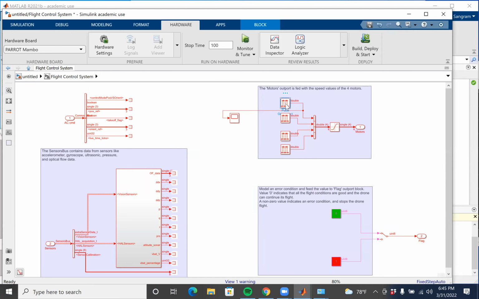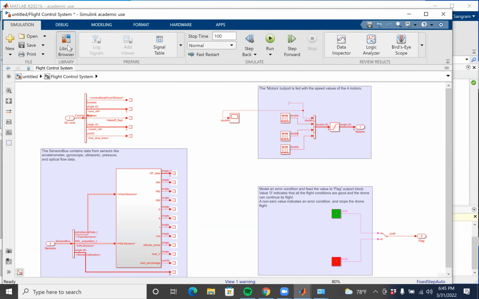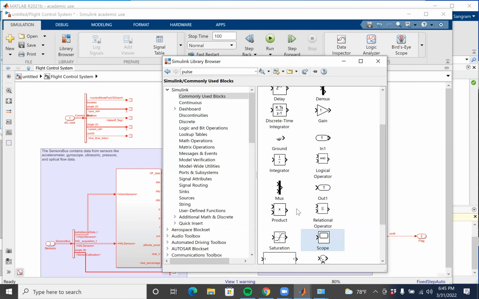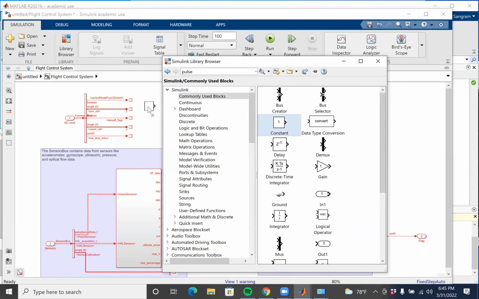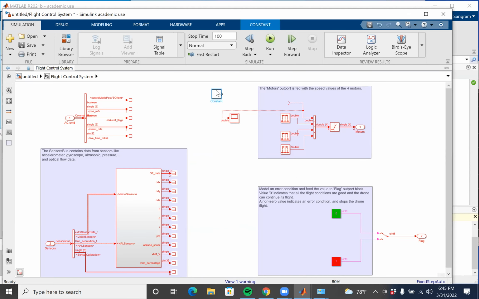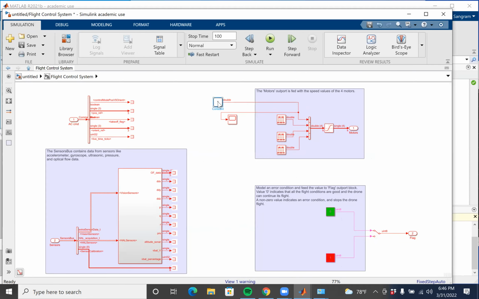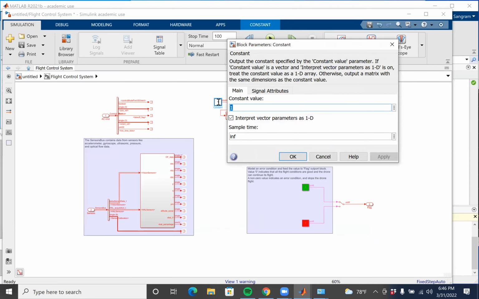Rather than feeding a PWM, I'm going to go to simulation, take a constant and feed this over here. Oh wow, Matlab is smart, figured that out. And I'm going to change this constant value, the amplitude of the PWM, which is 400.